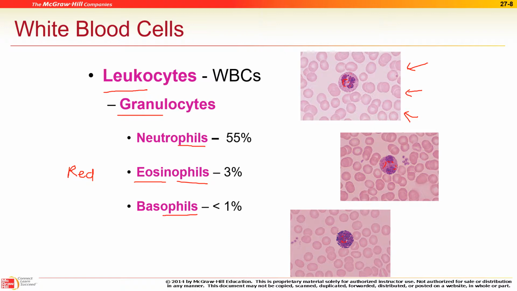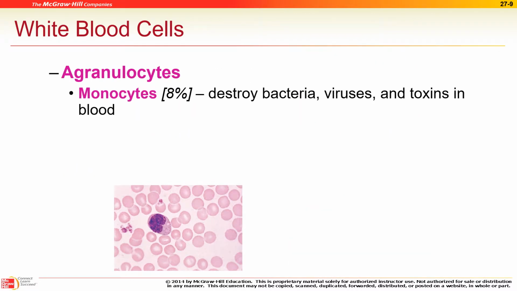So those are granulocytes. If you do not have granules, you are agranulocyte. A is without. How do you know? Because there's not a granule in sight. Basophil, neutrophil, eosinophil, granulocytes.